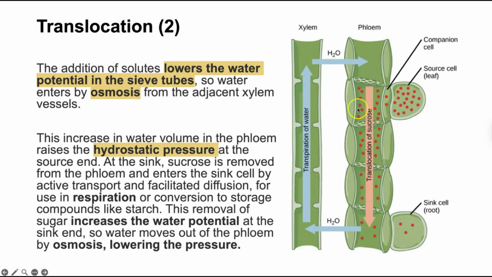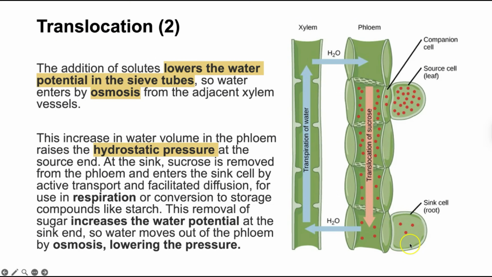That increases the hydrostatic pressure. That would often be mark number 3, or these 2 points will be split between 2 and 3 marks. And because we've got a high hydrostatic pressure, that forces that sucrose solution to move en masse, so this is our mass transport, towards the sink cell.